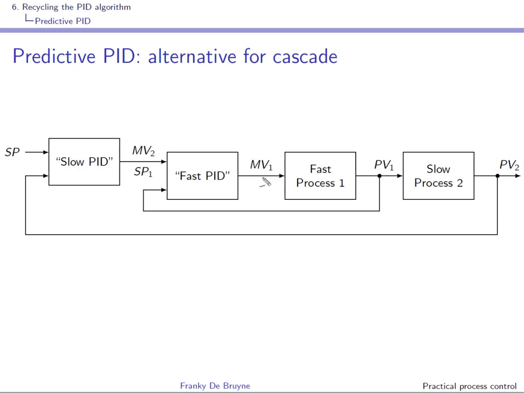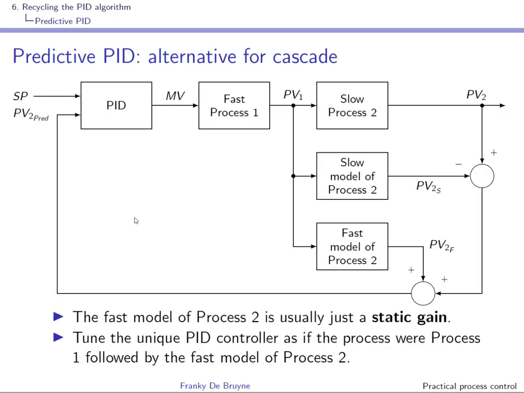So a cascade offers a more rapid rejection of load disturbances, and we'll have to look if this alternative for the cascade is also capable of a rapid rejection of the load disturbance. Well, the alternative for the cascade will be to implement a predictive PID.